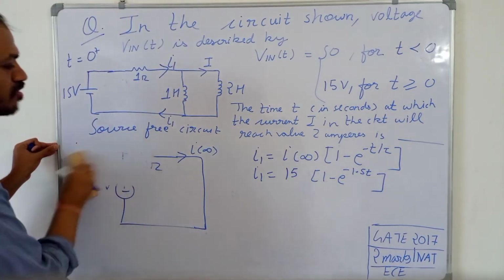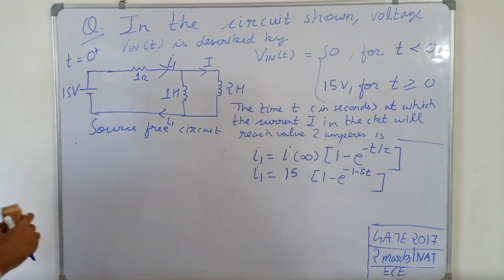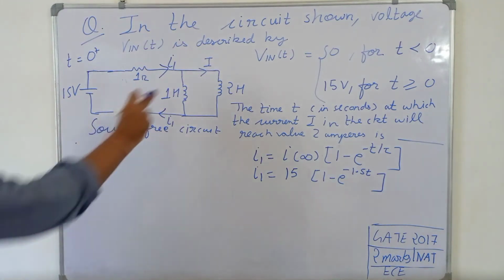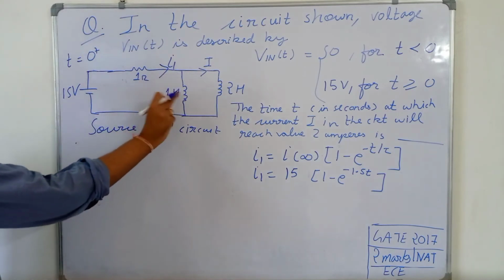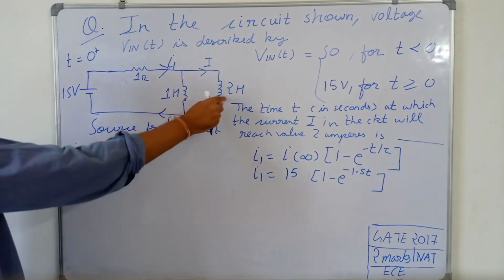So now we have found this current I1, which is 15 ampere, but we have to find this current I. By current divider rule, this I1 is getting divided into two inductances, 1 Henry and 2 Henry.